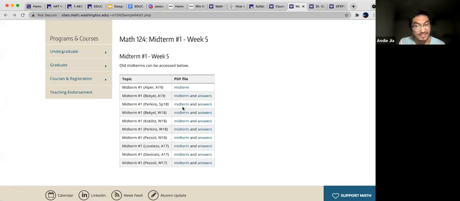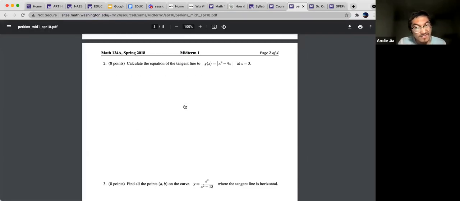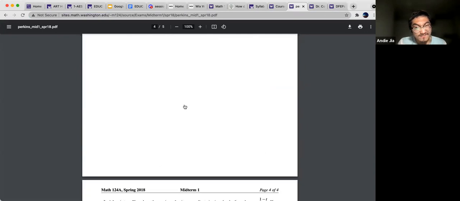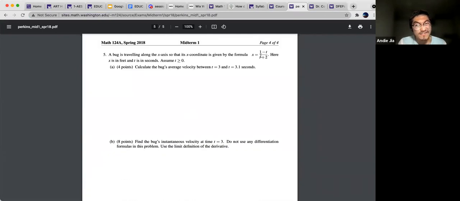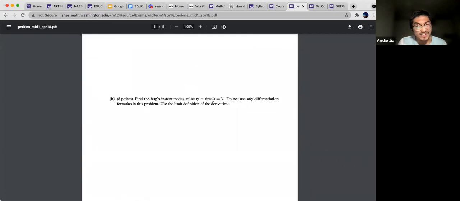So here's what you can see: a function, instantaneous rate, instantaneous velocity, and this phrase, do not use any differentiation formulas, use limit definition. So you can tell whether you need to use a limit or differentiation rules.